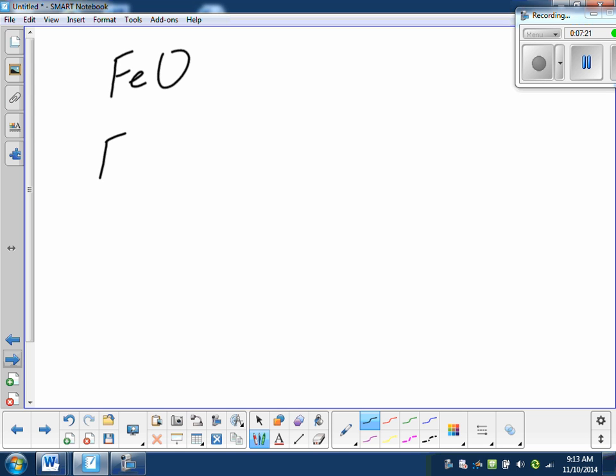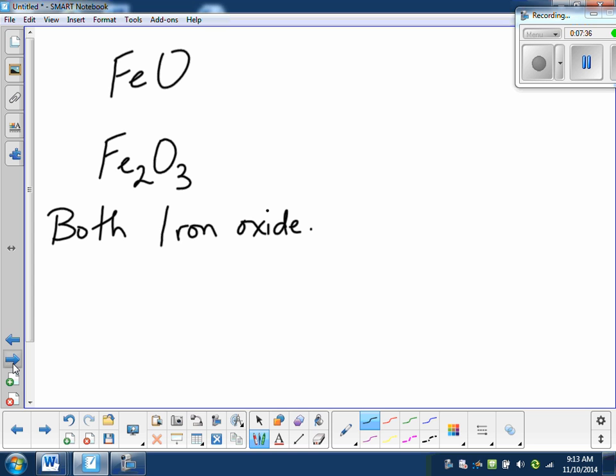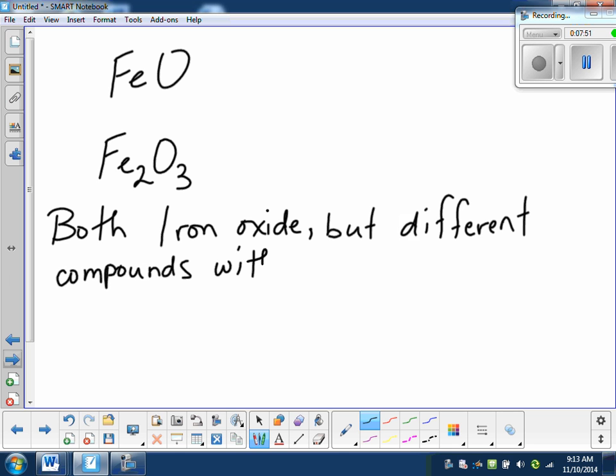FeO and Fe2O3 are both iron oxide, but different compounds with different properties.